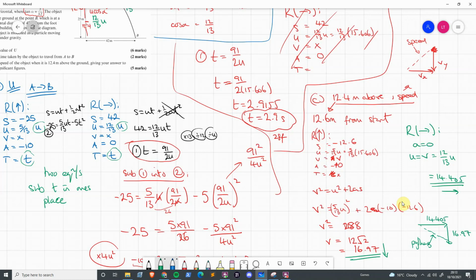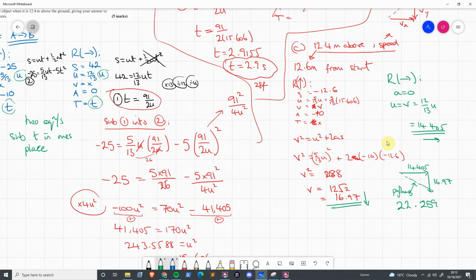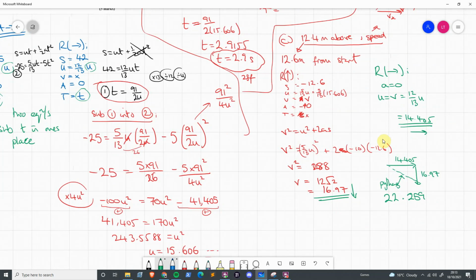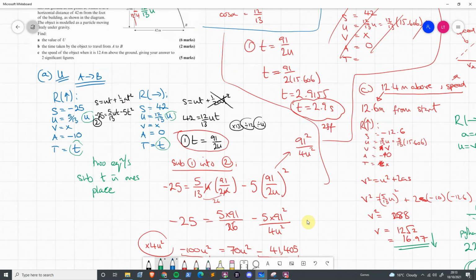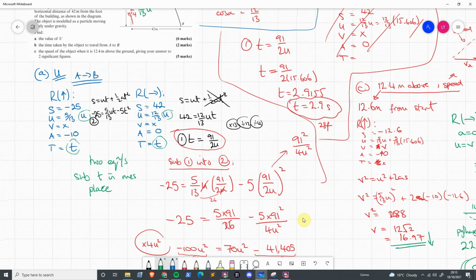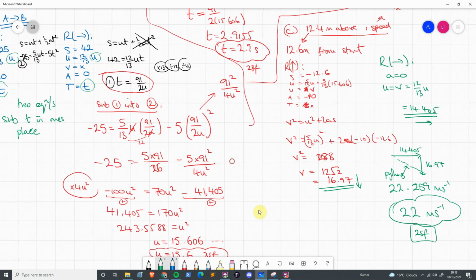So some Pythagoras, this squared plus this squared all rooted, would get you 22.259, final bit of scrolling, so therefore, meters per second, so therefore 22 meters per second, rounded to two significant figures. Okay, so that's all that question done. Quite a big question. Yep, perfect. Okay, hopefully that was helpful.